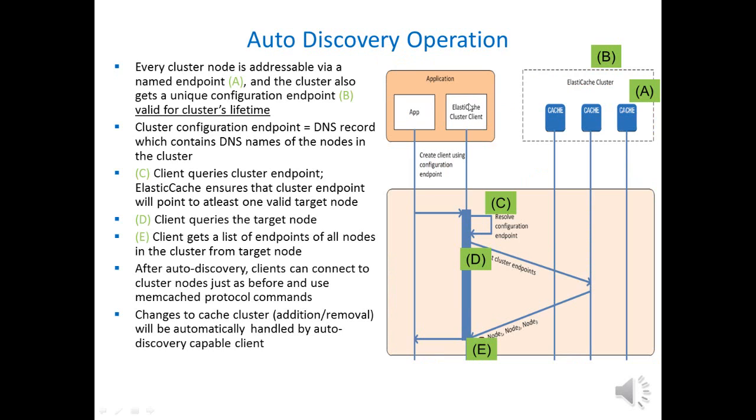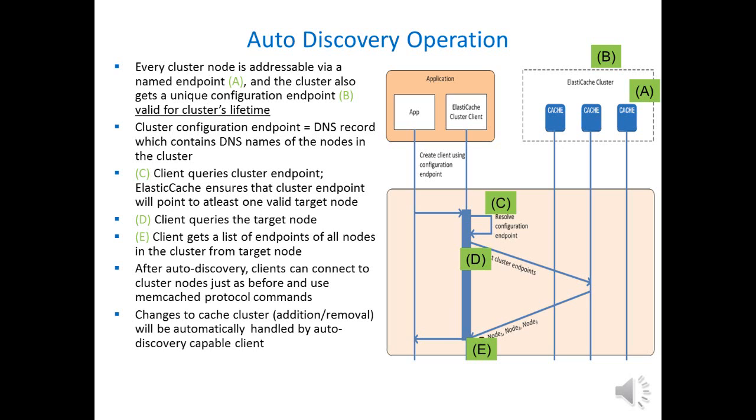This is how it works. The application is running here, and here is our cluster. So the application connects to the configuration endpoint of the cluster, which is basically DNS records of the nodes, and which in return gives one of the target nodes, and in the cluster, all the nodes have information about its peers.